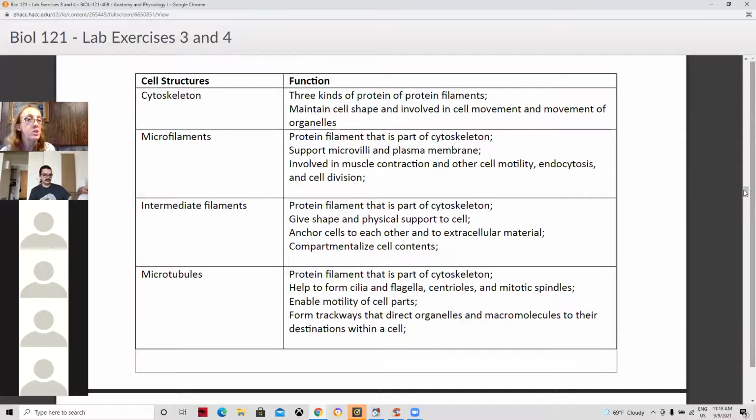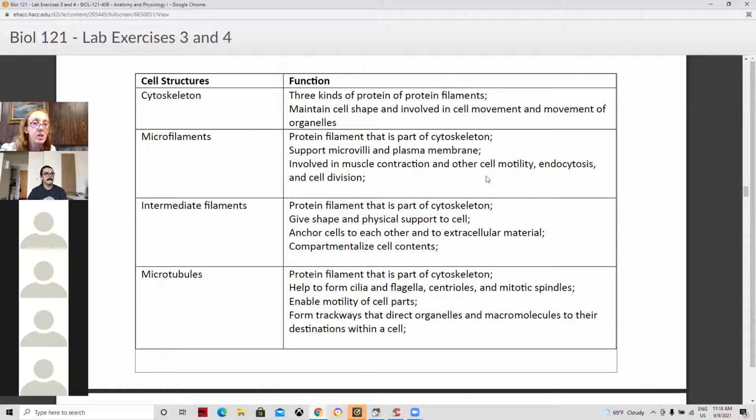So the cytoskeleton has three kinds of protein filaments that maintain the cell shape and are involved in cell movement and movement of organelles. The three different protein filaments are microfilaments, intermediate filaments, and microtubules.